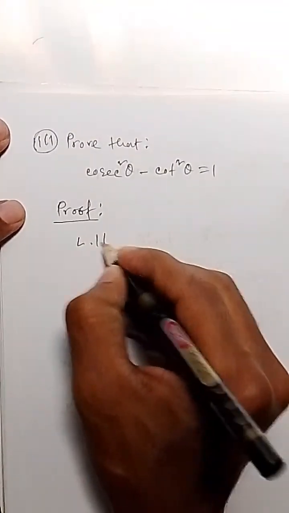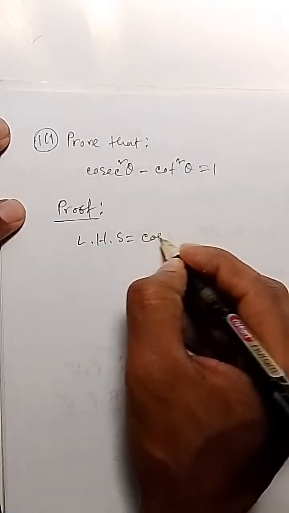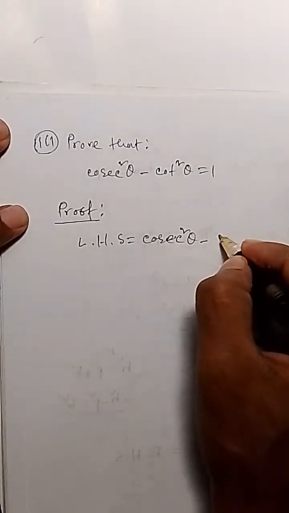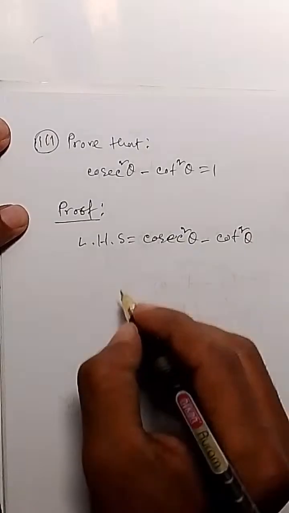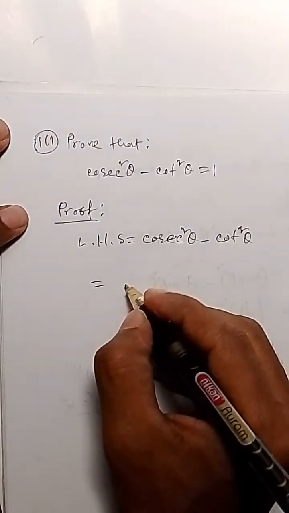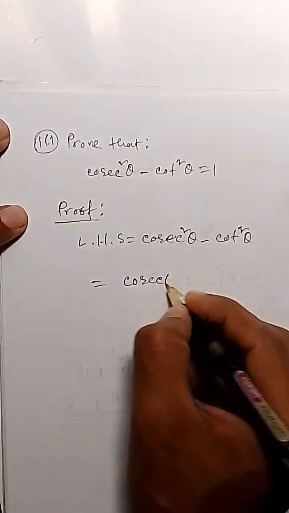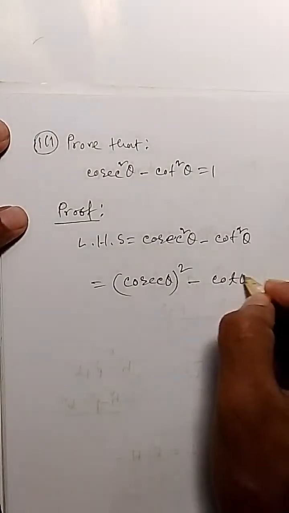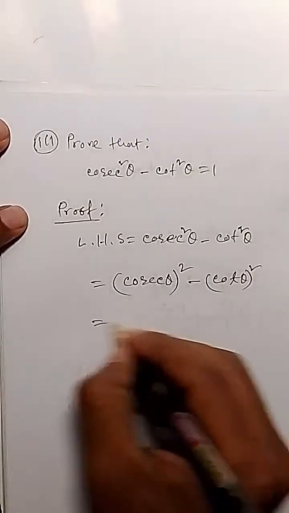Left hand side is cosec square theta minus cot square theta. So this can be written as cosec theta whole square minus cot theta whole square.